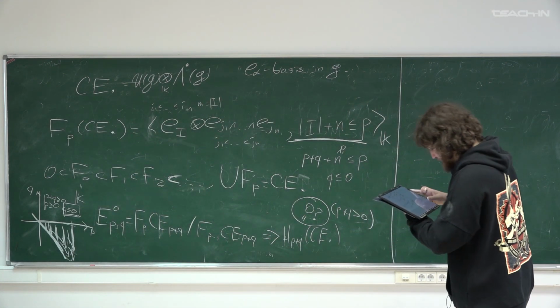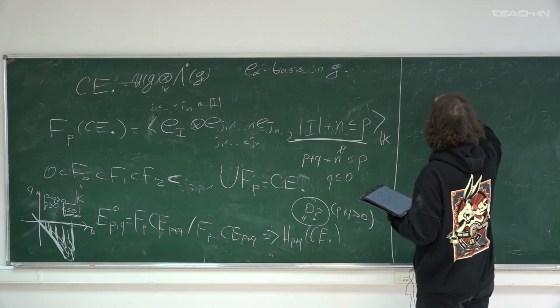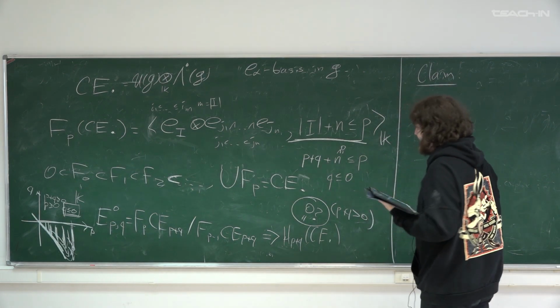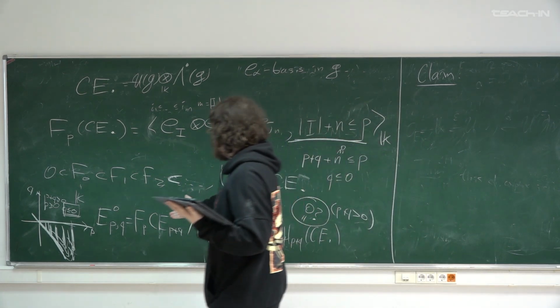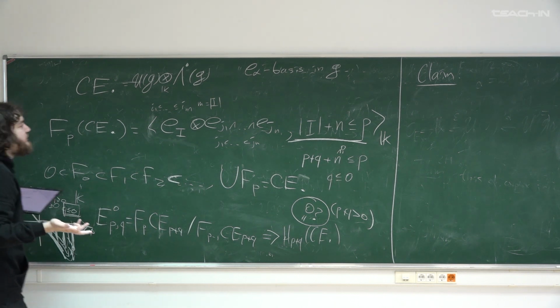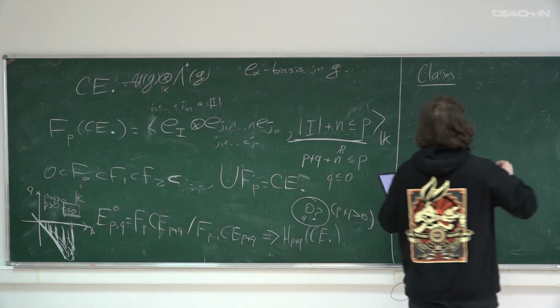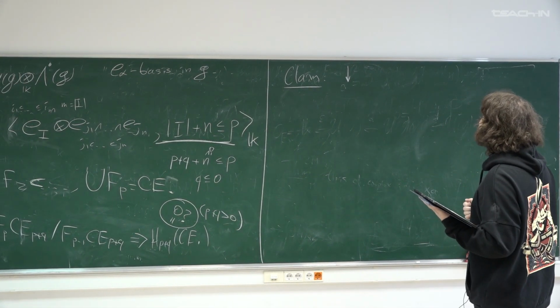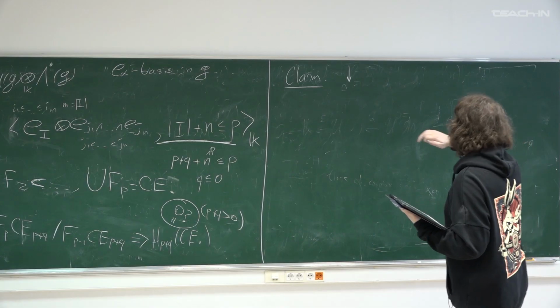Okay, now let's see our main claim. We have the 0 page. On the 0 page, we have the 0 differential. The 0 differential is the vertical differential, lower in degree.